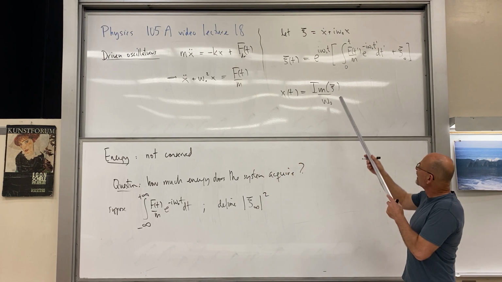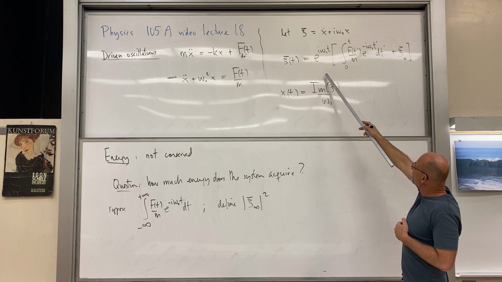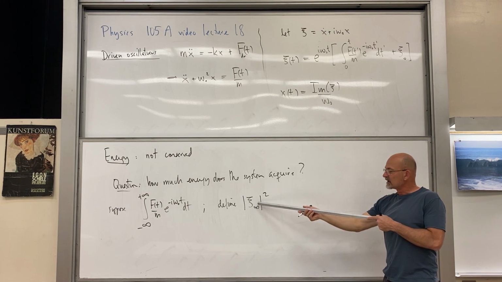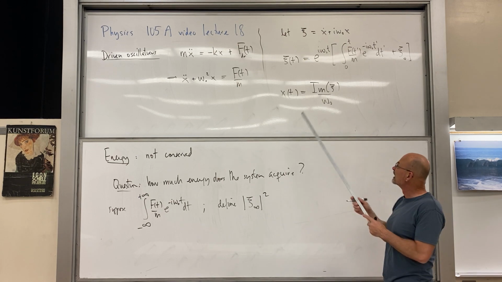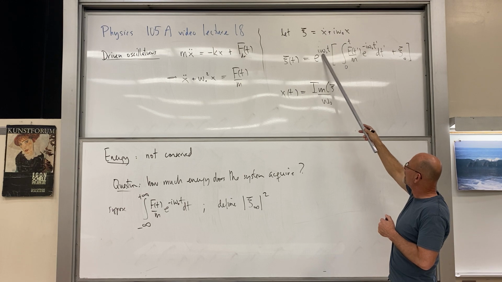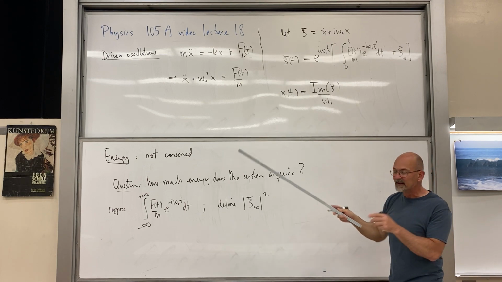Now, what that'll do is it will get rid of this e to the i omega naught t, because when you take a complex number times its complex conjugate, you eliminate that factor. e to the i omega naught t times e to the minus i omega naught t equals 1. Okay.